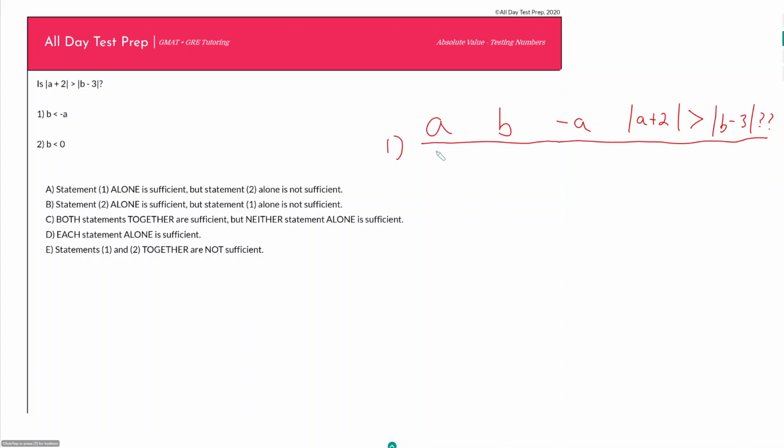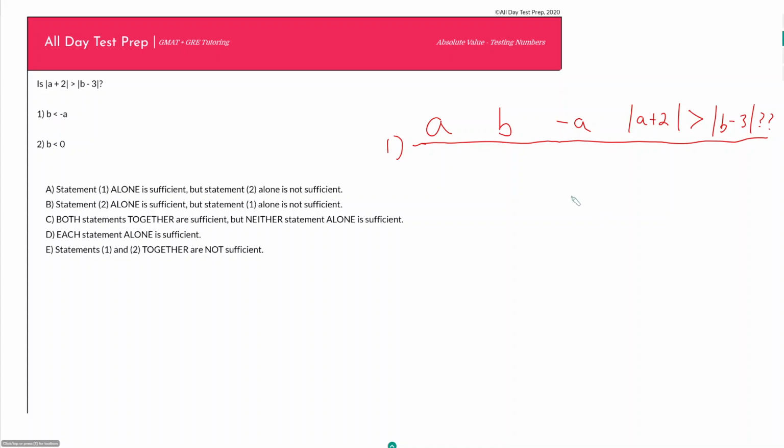We're either accepting or rejecting. One thing we have to keep in mind is we still have to fit the criteria given to us by a statement. So we have to make sure that our negative a is in fact greater than b.